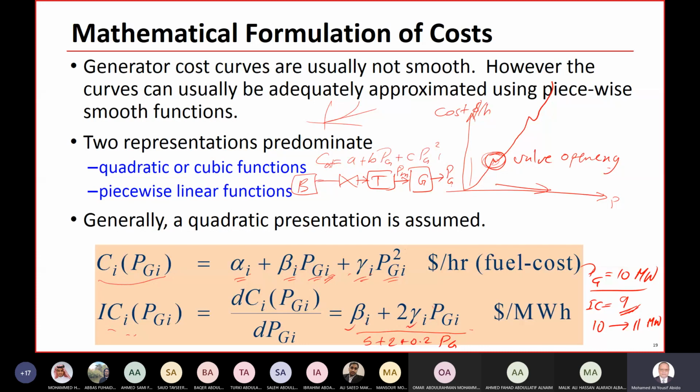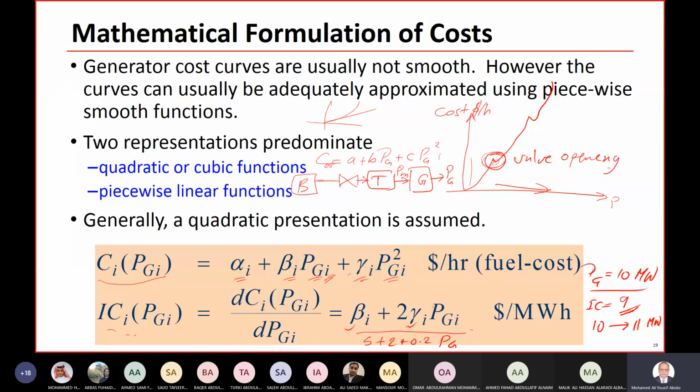This will give you, of course, the most profitable operation scheme. In this class, we will give you a brief introduction, which you already covered in calculus, on how to find the solution that gives you the minimum cost function or objective function.